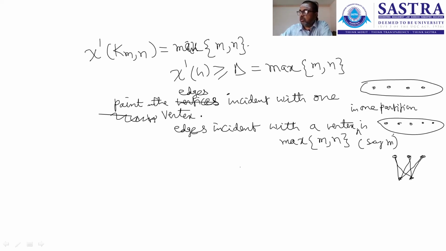Now if you look at this, I have 1, 2, 3, 4 here, and here I have 1, 2, 3. So now what I do is I take 1, 1, 1, here also 1, 1, 1, 1, 1, 1, and here I have 1, 1, 1.